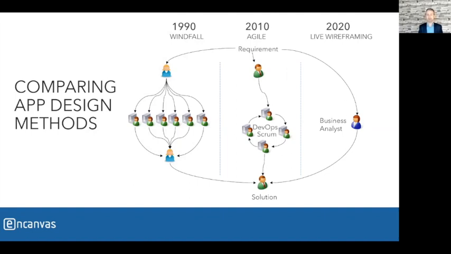How companies have gone about building applications has changed over time. Back in the 90s, it was common to have large project teams because each of the disciplines of development, the content management, database design, web design, all of these things required a separate specialist.